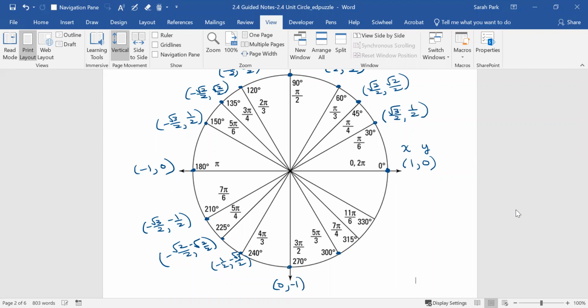At 5 pi over 3, we have positive 1/2 and negative root 3 over 2. At 7 pi over 4, you have positive root 2 over 2 and negative root 2 over 2, because we're on the negative y values. And at 11 pi over 6, this is positive root 3 over 2 and negative 1/2.